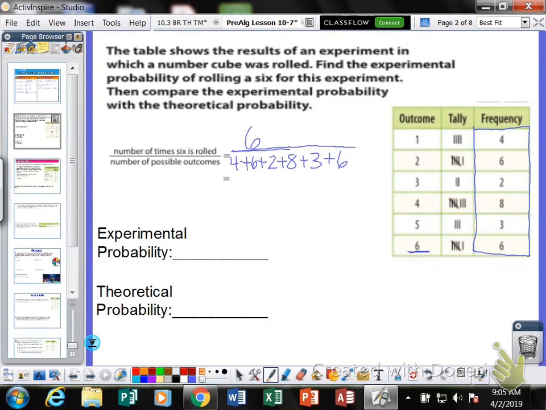Okay, so add those up. That's going to be our number of possible outcomes. So to find our experimental probability, we add those up in the bottom. We get 6 over 29, or about 21%.